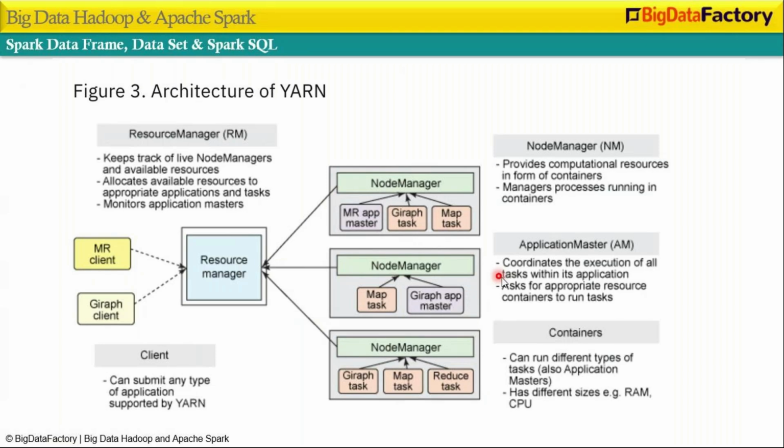Over here, say this machine has 8 GB RAM, so 4 GB is given to this and 4 GB to this, and over here we have 12 GB. So based upon the configuration of a particular node, we can have multiple containers. And based upon the execution and the application size, we can provide multiple containers from a particular node manager to a particular machine.